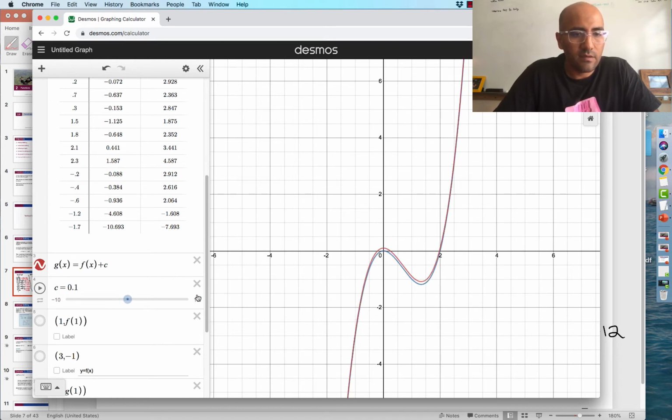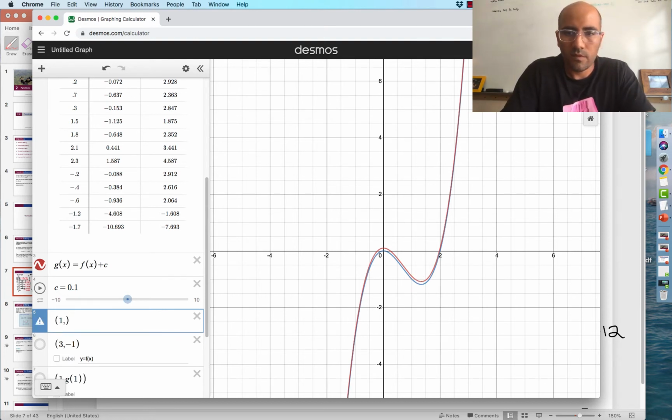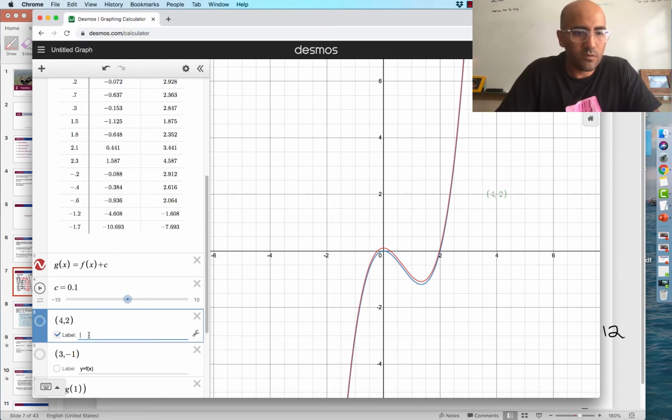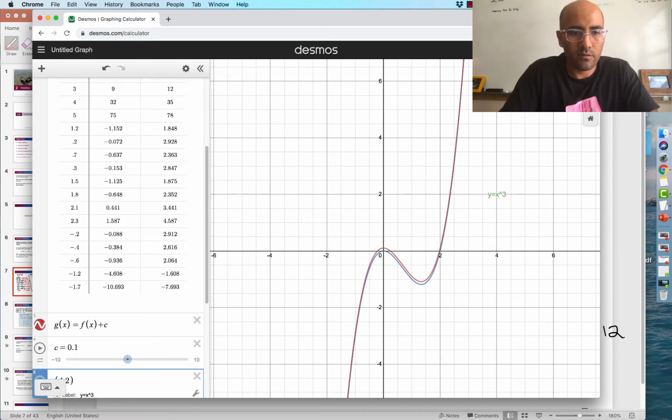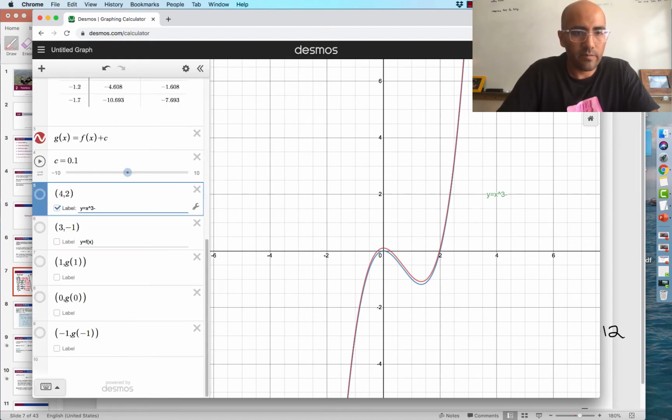So there's c, and let's label at 4, 2, and we're going to label y equals x to the third power minus 2x to the second power. So there's my regular f of x.